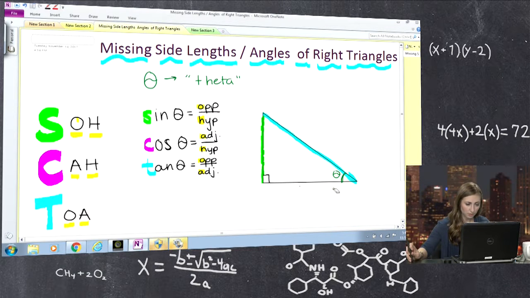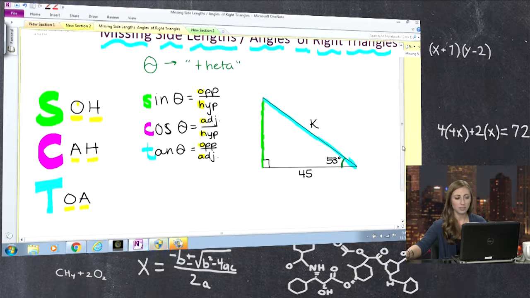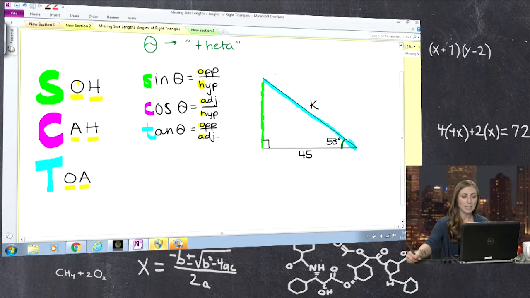All right, so let's just say we already know our 90-degree angle, but we know that this angle here is 53 degrees, and we know that this side is 45 units, and we need to know what that side is, what that hypotenuse is. So what we do to use these definitions is we think about which two sides in relation to our angle we are using.